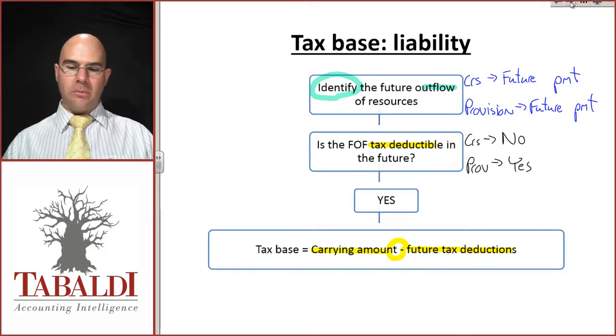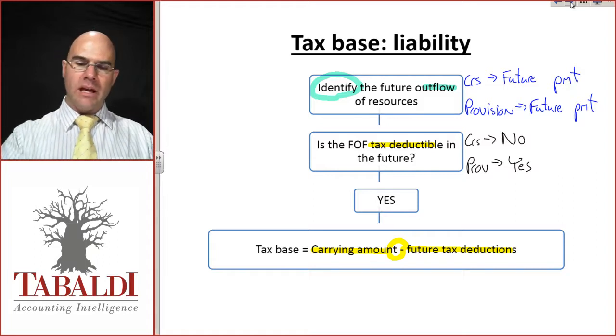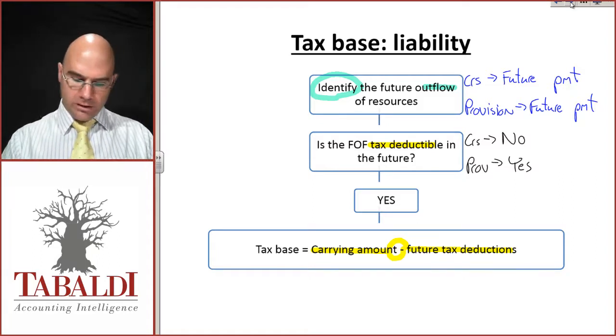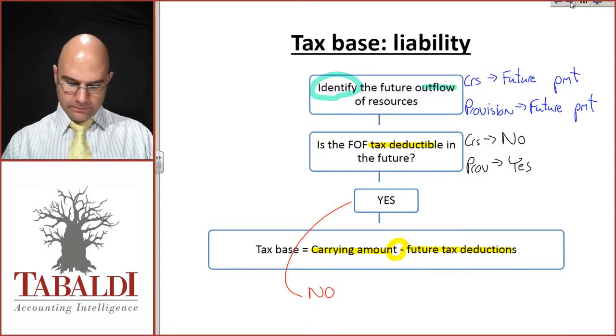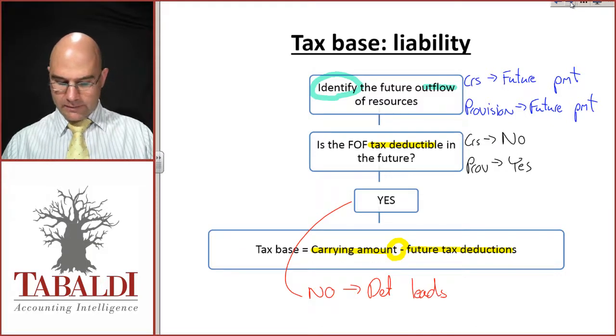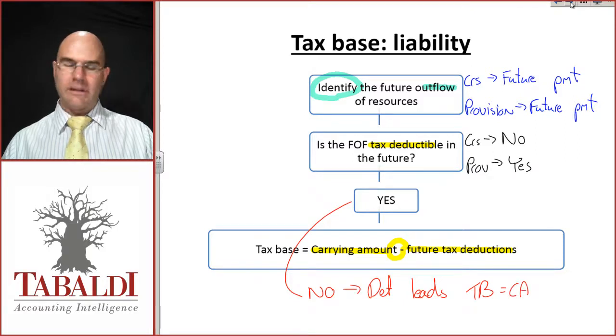Okay, we're going to look at an example with both creditors and provisions, and what you'll see is if the answer was no, the same definition leads us to realize that the tax base will just land up equaling the carrying amount. So then there'll be no deferred tax.